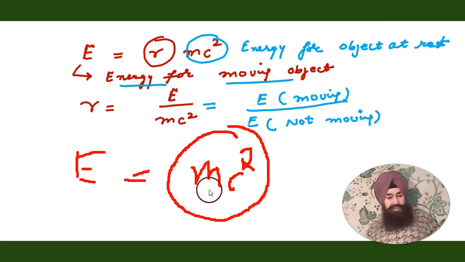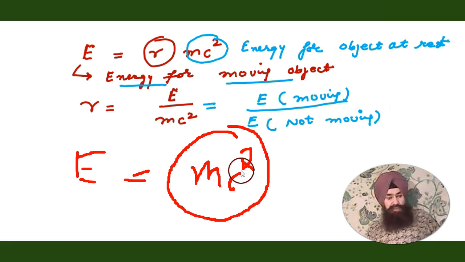You find that energy by multiplying m and c squared. Here c is only a constant; don't think that c denotes that the object is moving with the velocity of light.